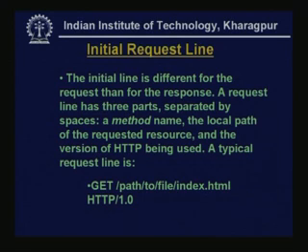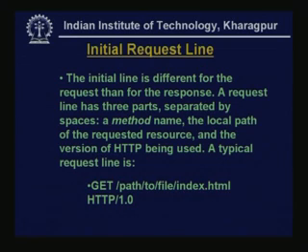This is of course an example. This is the path name to the index.html file, so starting from the root, it goes down the directories and subdirectories to finally locate the resource, which here is index.html, and this is a GET request line.